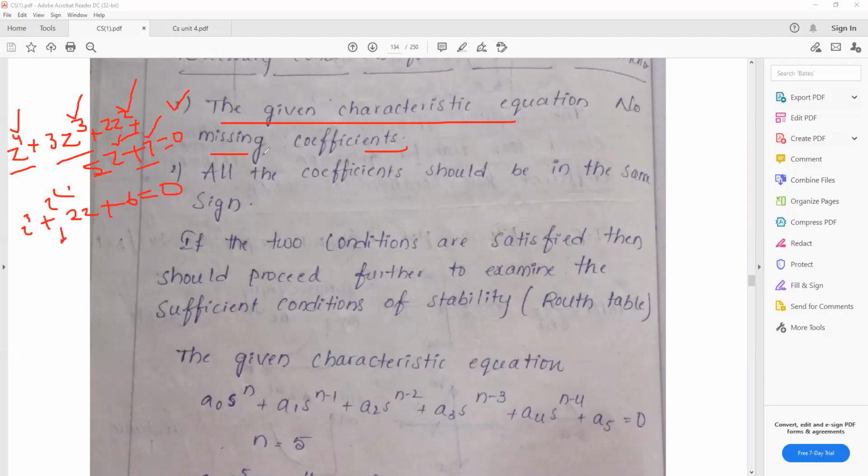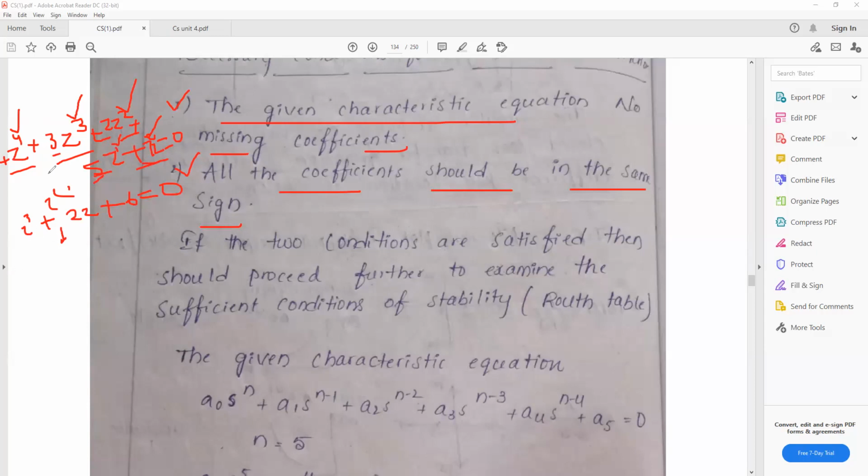Next, second step, all the coefficients should be on the same side. So s power 4 is positive, s power 3 is positive, s square is positive, s power 1 is positive, s power 0 is also positive. So all the coefficients should be on the positive side.